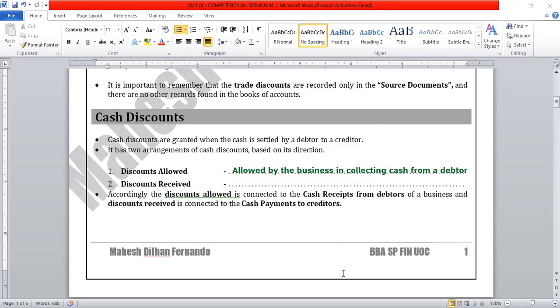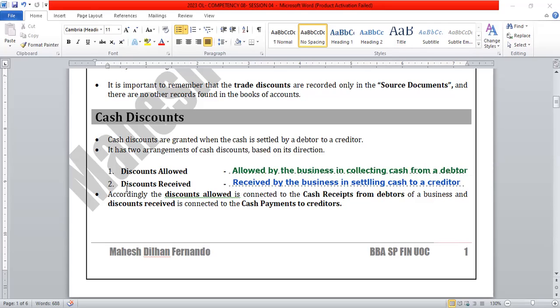I'll write this. Received by the business in settling cash to a creditor. Try to understand. If you have finished writing, look at the next point.